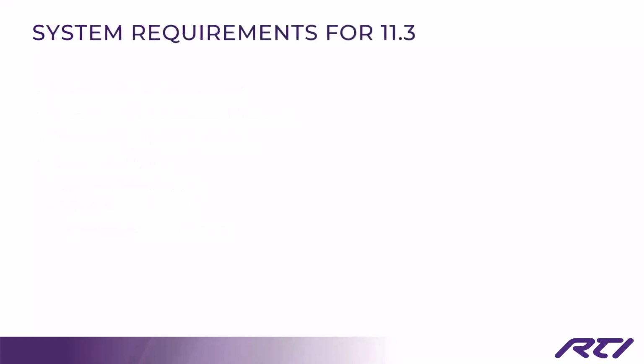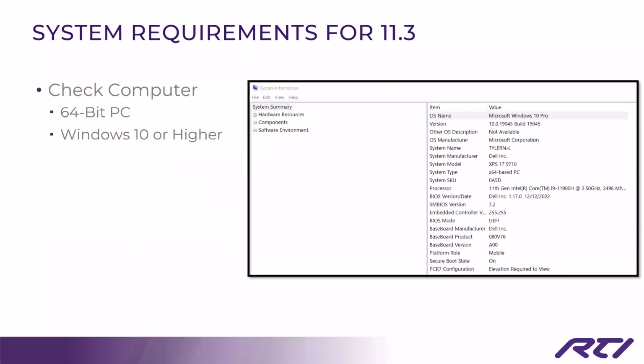What are the system requirements for 11.3? First, this is the first iteration of Integration Designer that requires a PC-based computer with a 64-bit operating system and Windows 10 or higher, meaning you can't be utilizing any sort of emulation on Macs. You can't use a 32-bit machine. If you try to do the update, you will run into an error message.